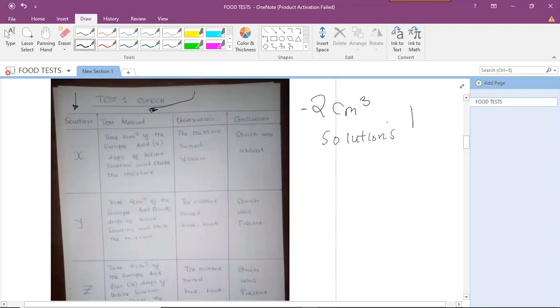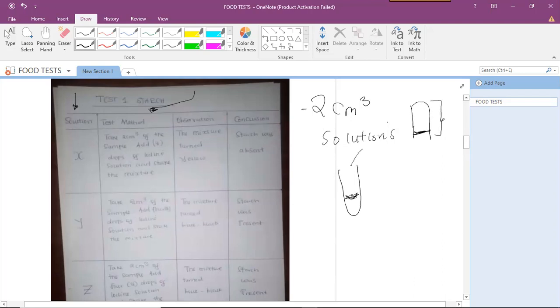You can measure about 2 cubic centimeters using your hand; this length of your hand is approximately 2 mils or 2 cubic centimeters. So for the starch test, you get 2 cubic centimeters of the test reagent.